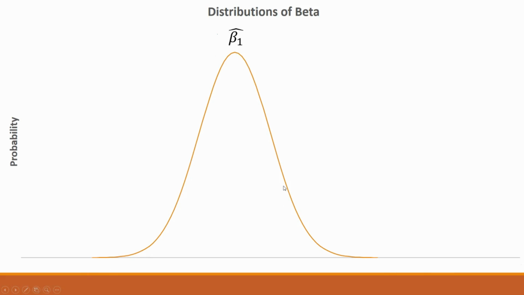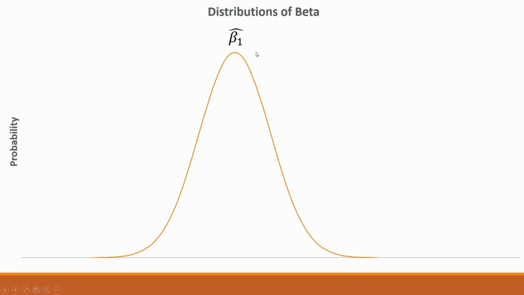Beta 1 hat follows some distribution. When you run your regression model with a particular sample, you will get a beta 1 hat from the distribution of possible beta 1 hats. You could have one that is right at the mean, or you could have one way out here or way out here, but these are a lot less likely. You're much more likely to get a value of beta hat somewhere around the mean.